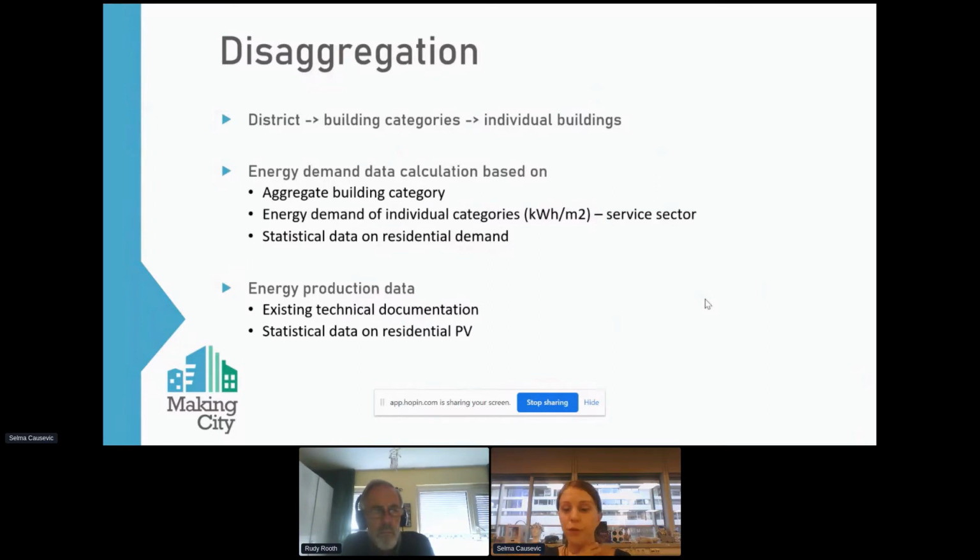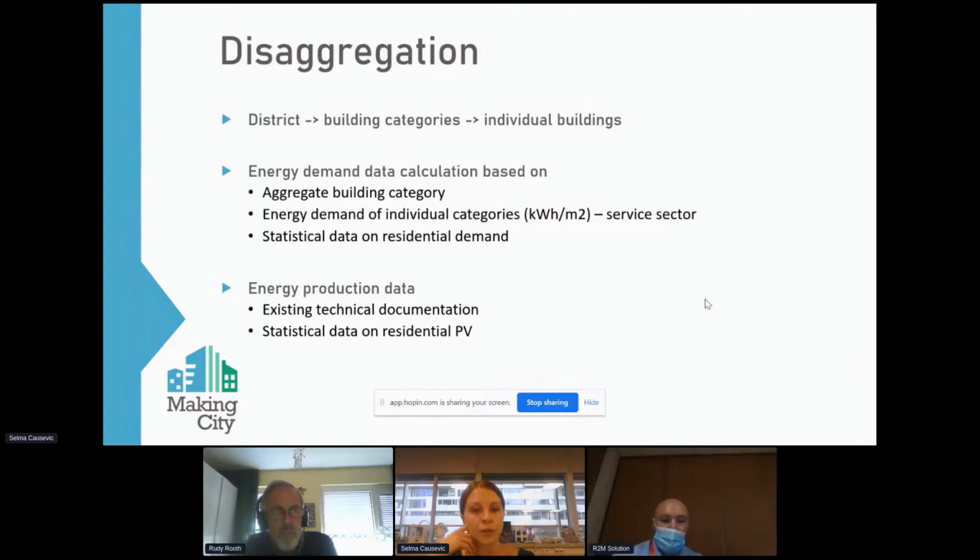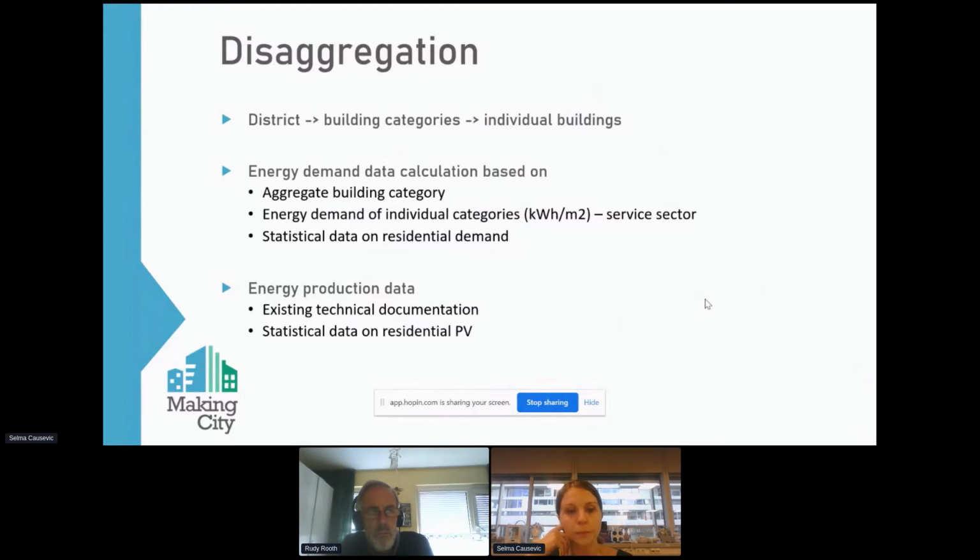So we separated a district into clusters according to building categories, and we used different sources to look at the service sector consumption for different service sector categories, and statistical data on residential load demand. From there, we went also to the individual building level, disaggregating further.